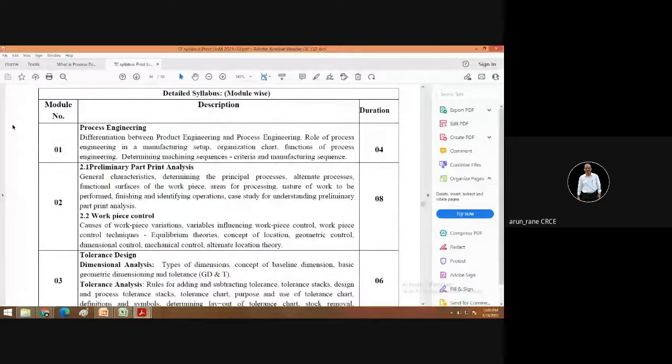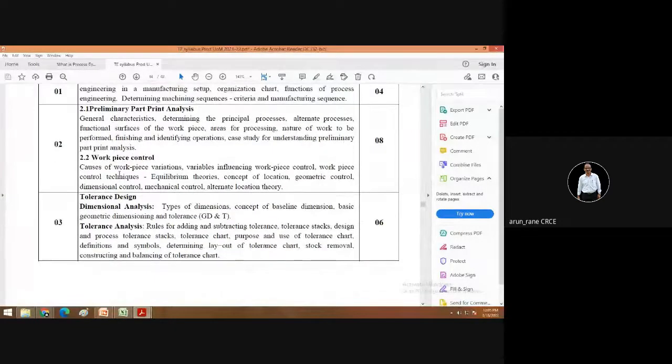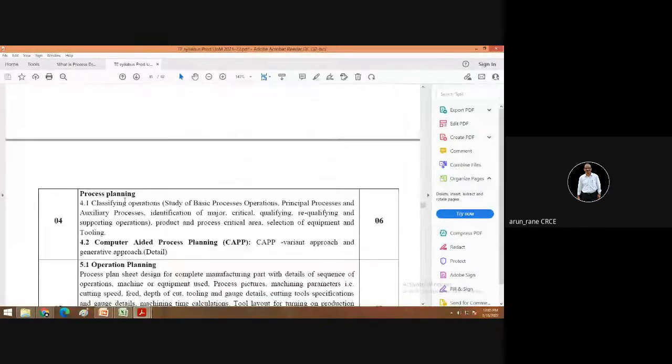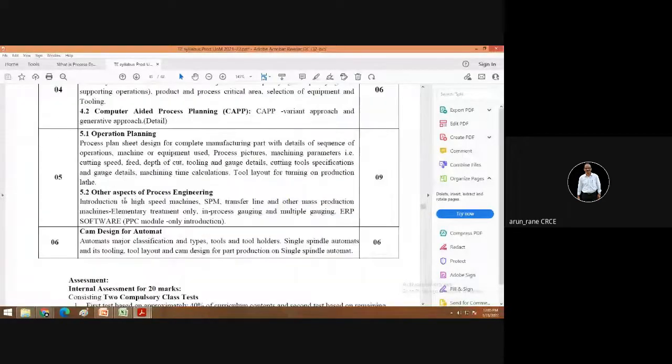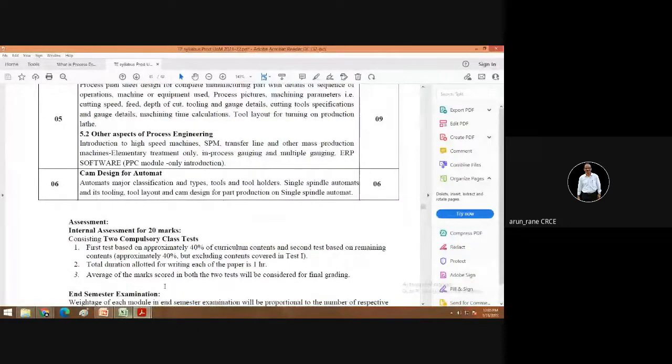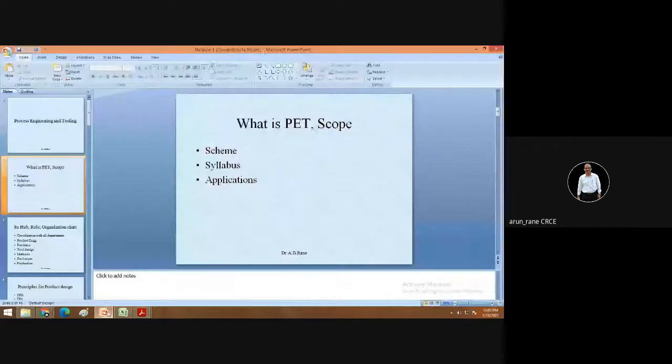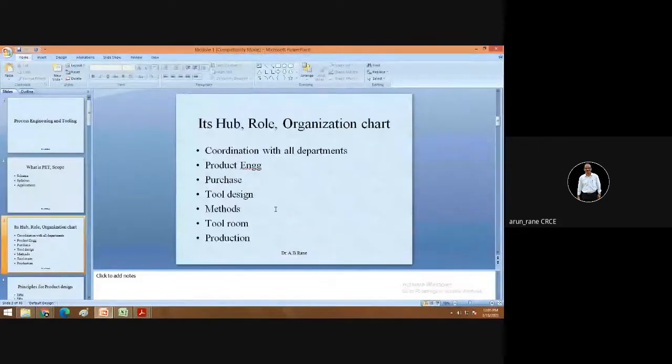So we are into module 1, that is process engineering. Then we'll go for preliminary part analysis. So there are 6 modules. So, applications: there are many applications of process engineering. In every industry there is an application.